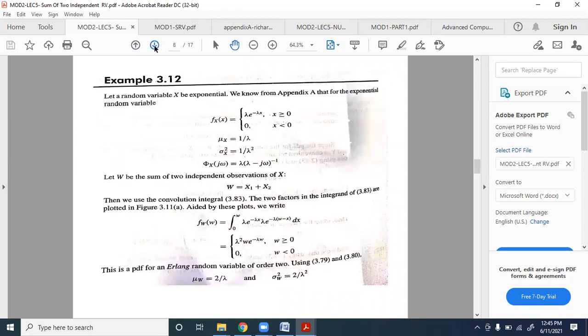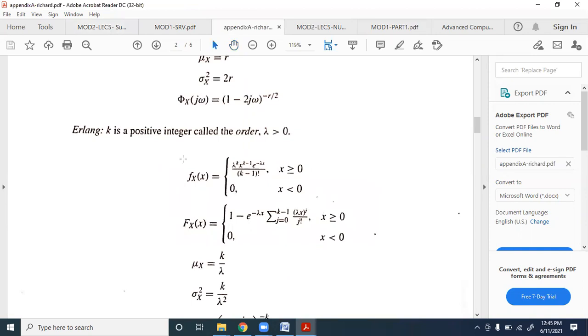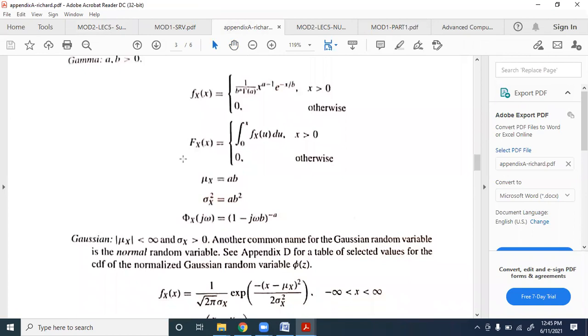So that just means that when we consider the two Gaussian random variables x and y, remember that this is a Gaussian random variable, and that gives us from the figure the Gaussian random variable function, which is given over here.